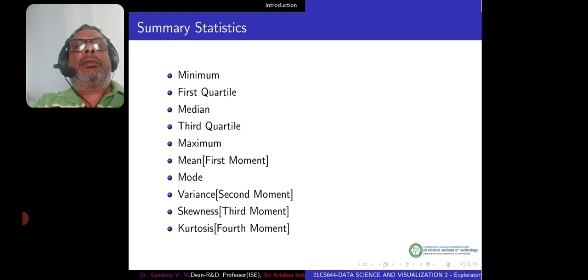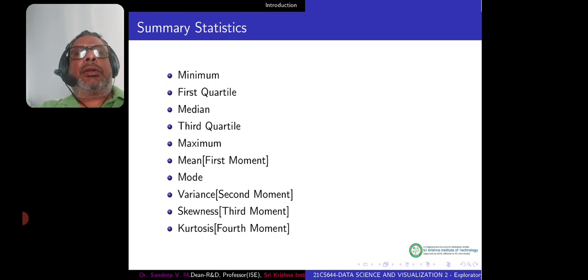And then we have the minimum and the maximum. Between the minimum and maximum, if we divide that into 4 parts, then the central part will be the median, the first part will be the first quartile, then the third part will be the third quartile, and so on.